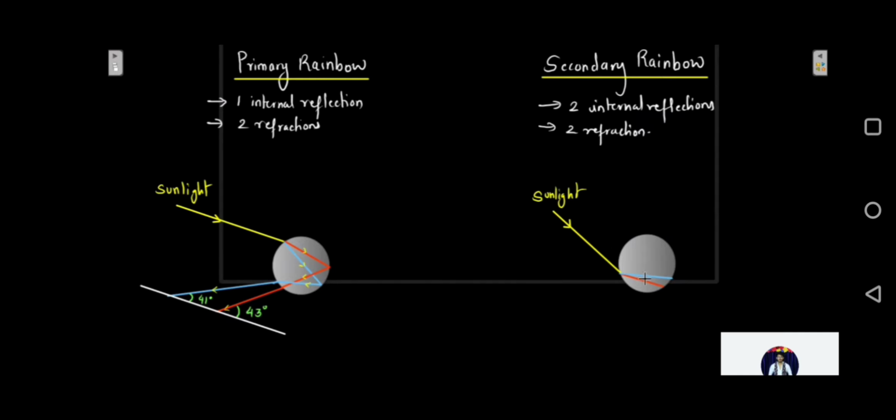So this would be something like this, and there will be another internal reflection at this position over here. So this would be internally reflected the second time now. And the red color like this. And finally there will be a second refraction happening here.